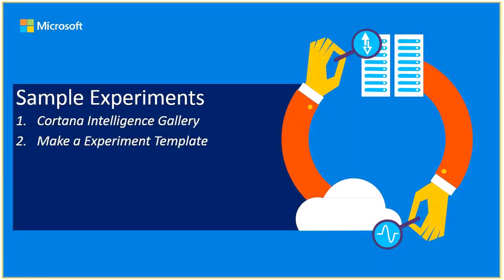Then there are sample experiments which I told you about already, in the Cortana Intelligence Gallery. You can choose one of the existing experiments, like I showed you for flight data. Take an existing experiment and make a template out of it. That's what we did. Try to modify that, because it's all about innovation and what kind of report you finally want to build.